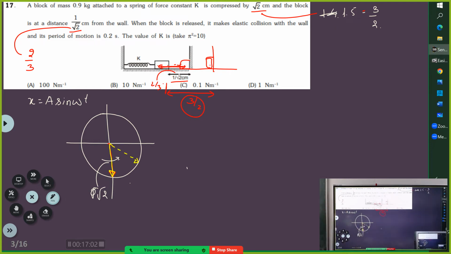What is this value now here? They have given it. This value is 1 by root 2. Root 2 minus 1 by root 2. Is it root 2 minus 1 by root 2, or 1 by root 2? Yes, minus 1 by root 2. Correct?